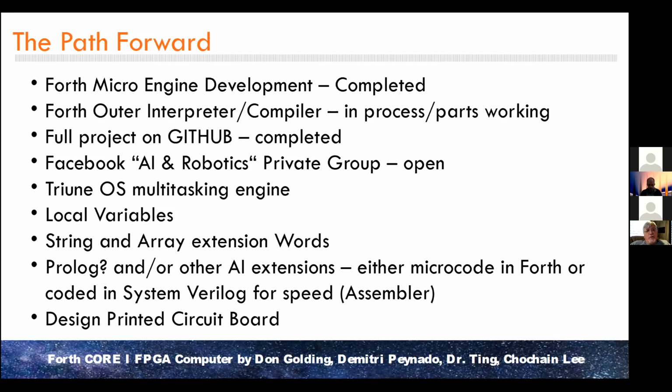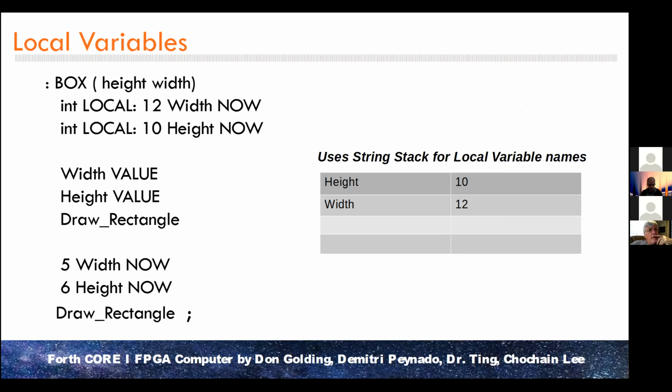I want to have string and array extension words because you've got to manipulate strings and arrays in modern programming. So this is kind of an example of what my thinking is. I'd love to hear your opinions on how I'm thinking about implementing local variables. So there's a word called box.